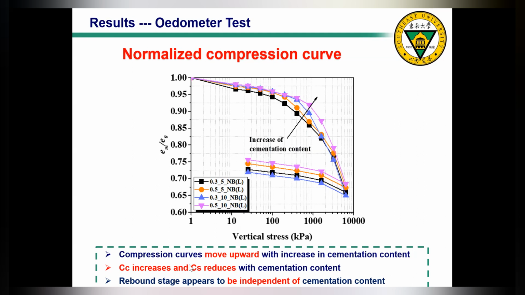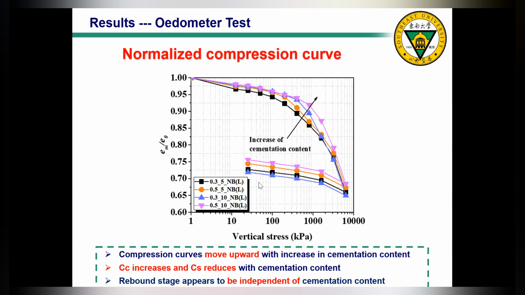And accordingly, if we look at Cc, the compression index, and Cs, the swelling index, for this part, with the increase in cementation content, Cc increases and Cs reduces.